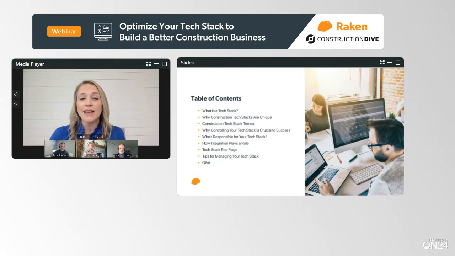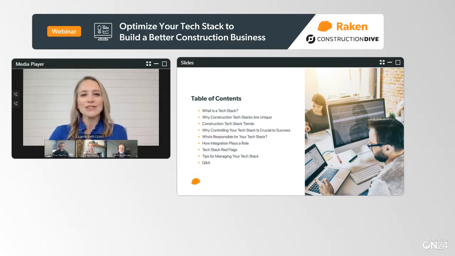So today, we're going to talk to our experts about tech stacks, why they're important, how to audit and optimize tech stacks, and the role that integration can play in keeping tech stacks under control. Lastly, we'll share some best practices and tips on getting the most from your tech stack without becoming overwhelmed. We'll also leave some time to ask a few questions at the end.